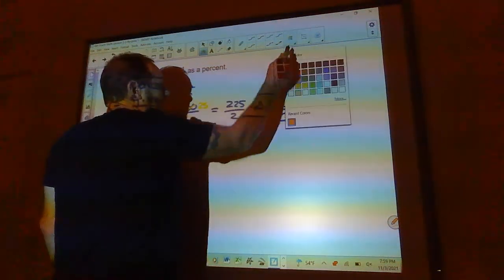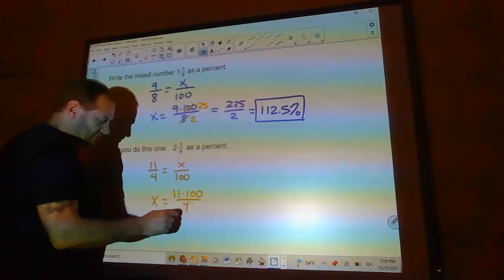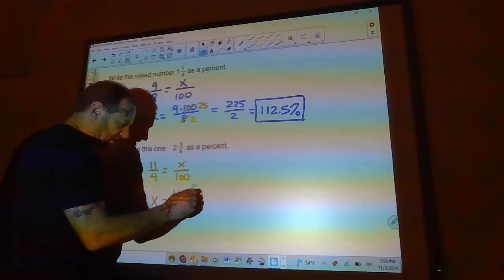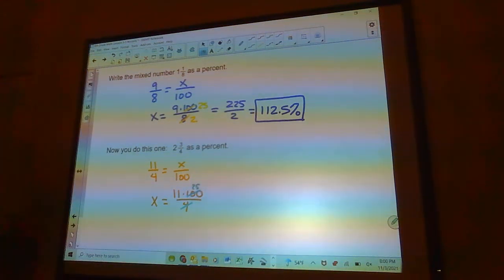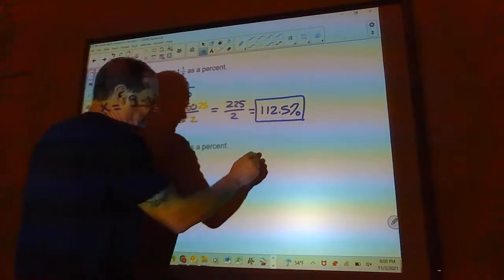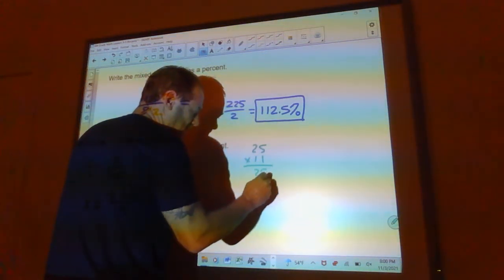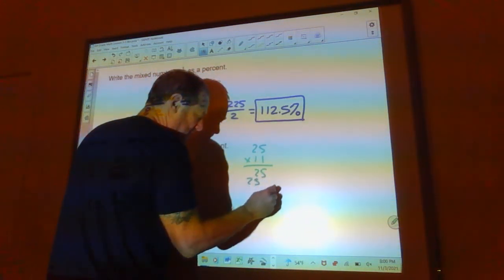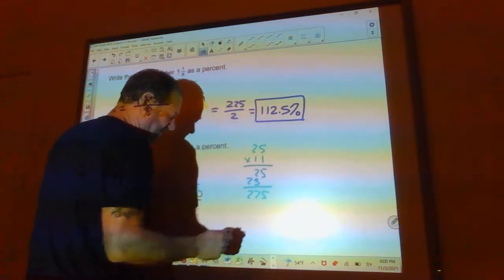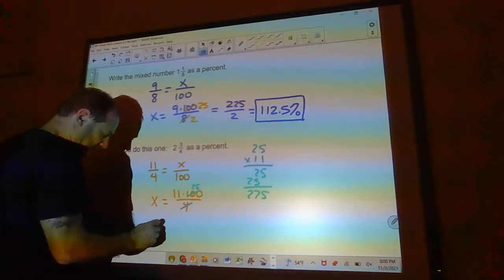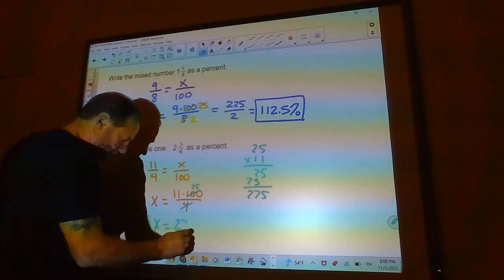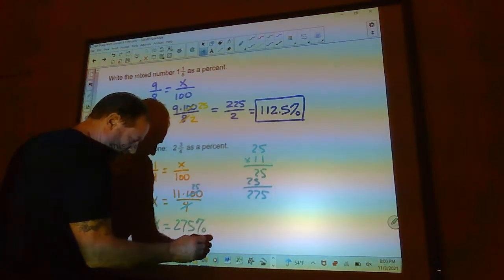Okay, so I can go ahead and cancel the 4 with that, and that's 25. And so this is just going to be 11 times 25. So 25 times 11, that's going to be 275. So this is 275%.